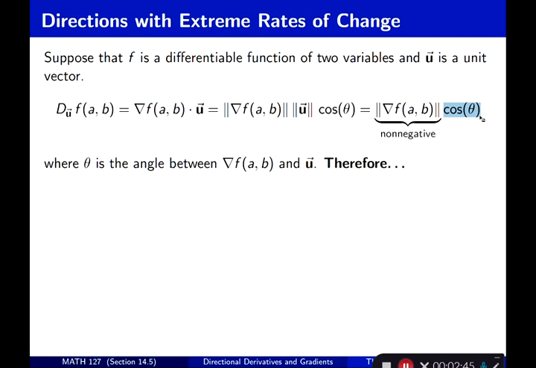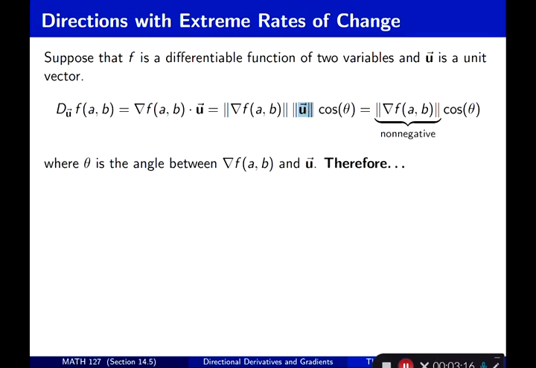And so it all depends on theta. If theta is equal to 0, then cosine theta is equal to 1. If theta is equal to pi, then cosine theta is equal to -1. So the angle between the gradient and u is either 0 or pi.